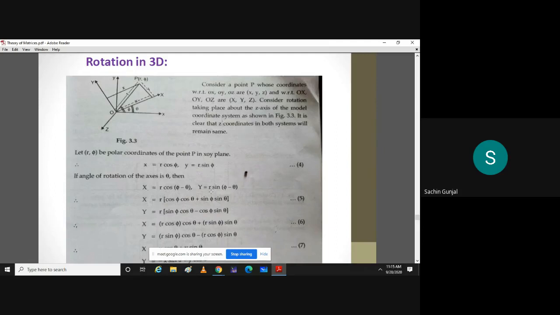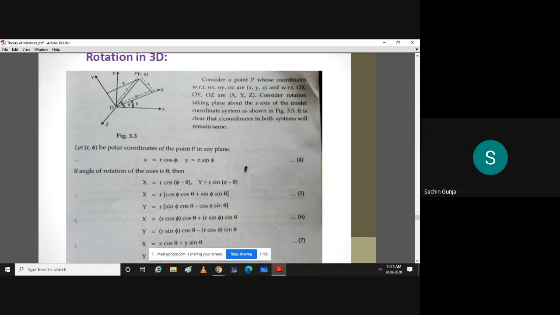So now you expand it. What is cos of a minus b? Cos a cos b plus sin a sin b. So cos phi cos theta plus sin phi sin theta. Then Y is r into, what is sin of a minus b? Sin a cos b minus cos a sin b.